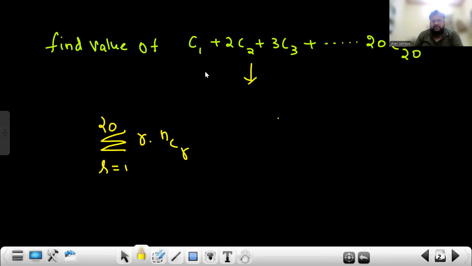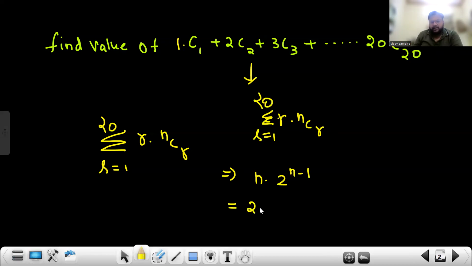If you see this, this is nothing but r into nCr only, it is written, summation r is equal to 1 to 20. If you open this also, you will get the same: 20C1, 20C2, 20C3, 20C4. So what is the answer for this? n into 2 power n minus 1, which is 20 into 2 power 19.